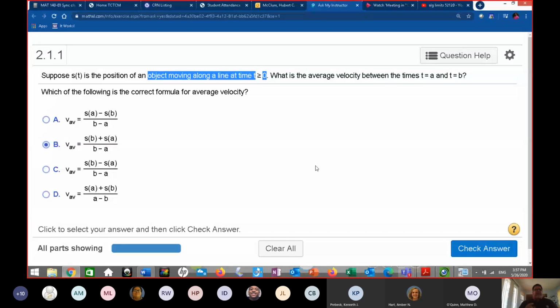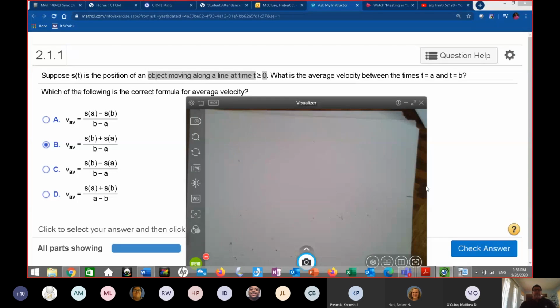Now, I want you to think about slope, and I want you to tell me which one of those looks like the slope. Which one of those looks like the slope?